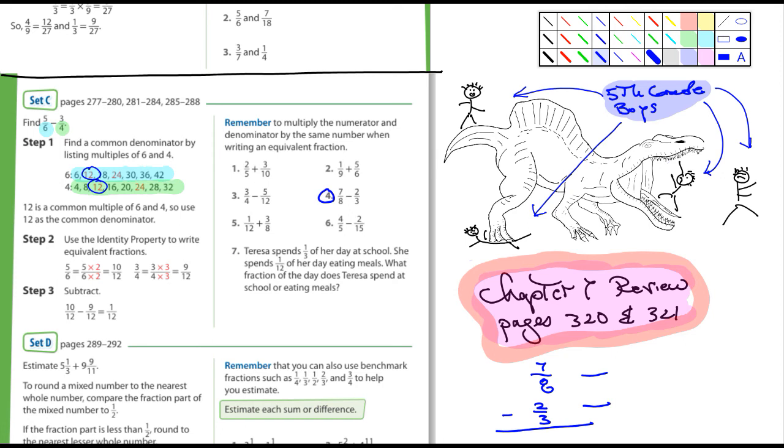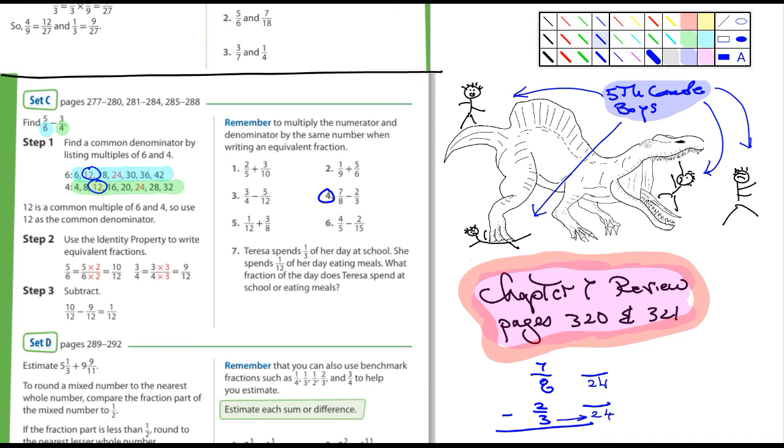Another way is just simply you could multiply the two denominators together. In other words, you could multiply 8 times 3. And that often works. It's not always the smallest, but it works. And in this case, it happens to be 24. And 24 works because 3 doesn't go into 8 evenly, 3 doesn't go into 16 evenly, but 3 does go into 24 evenly. So 24 would be the common denominator.